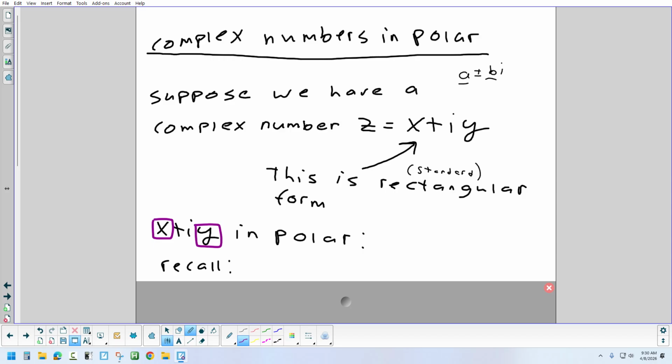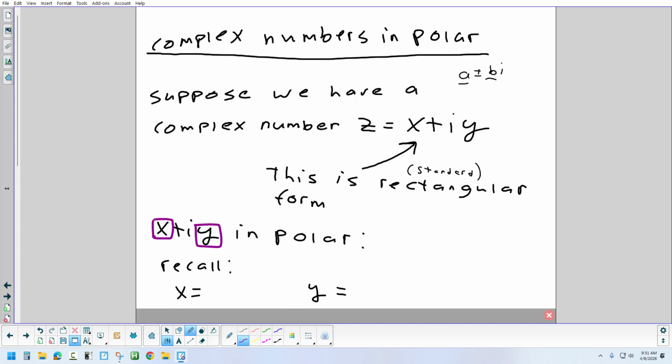We already have formulas, if you remember from Monday. We had a formula that says X equals, and then we had something in polar. Does anyone remember what the formula was from Monday? R cosine theta. Yeah, we had X equals R cosine theta. And we figured that out on Monday by drawing a triangle. We went through it.